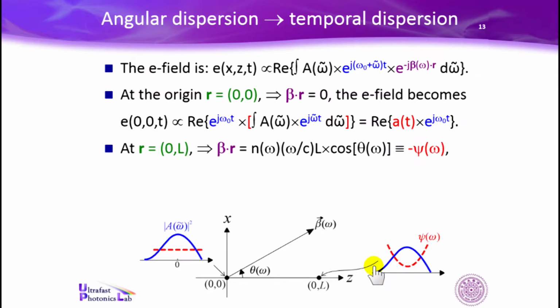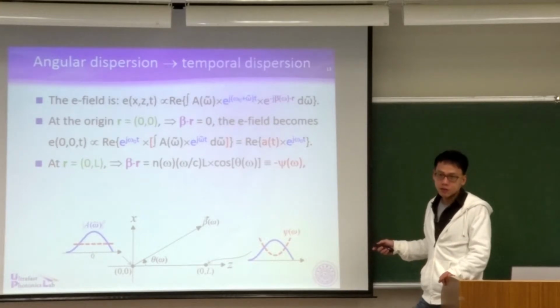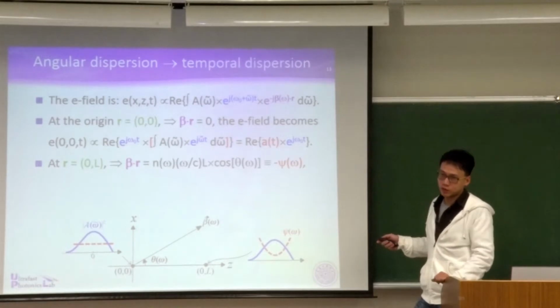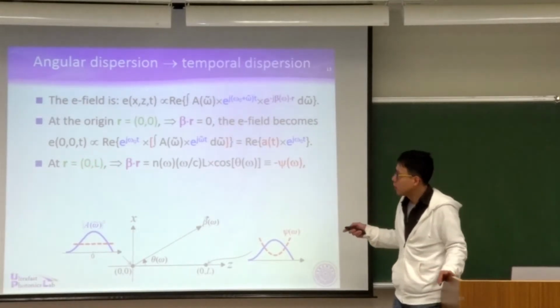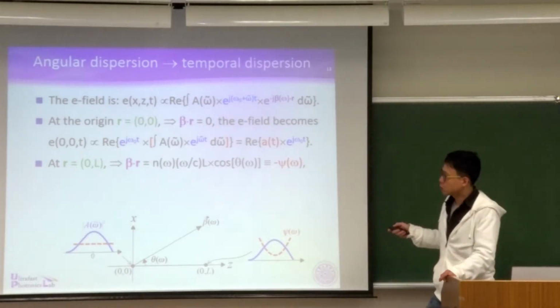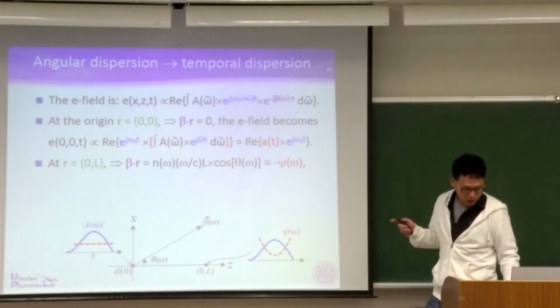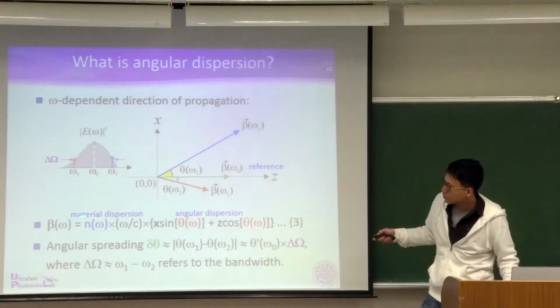Then, if we move the observation point to here, 0, L, say a distance L after the origin along the reference direction, what can we have? When your position vector is 0, L, x equals 0, z equals L. The inner product between the beta vector and the position vector should be this, right? Because the beta vector is borrowed from the formula in the previous page, the equation sheet here.